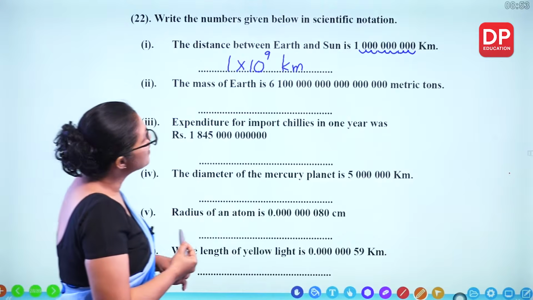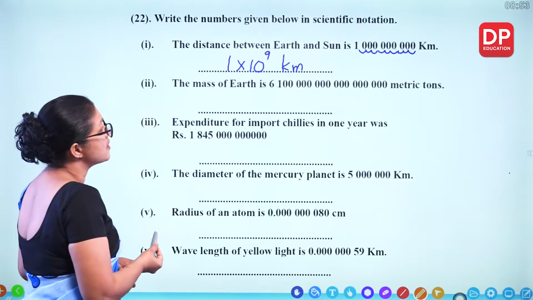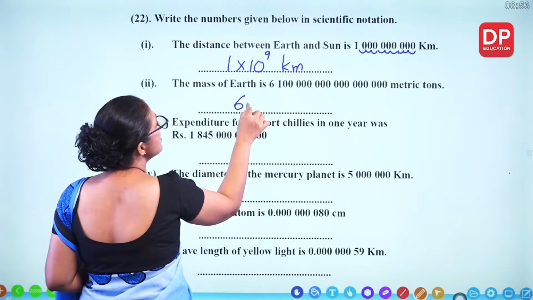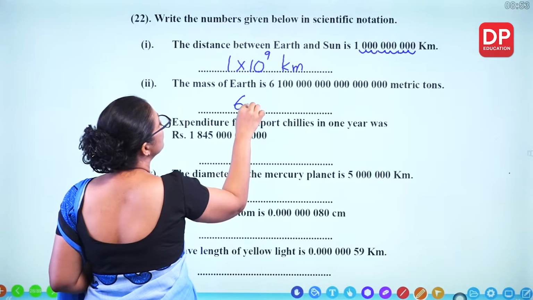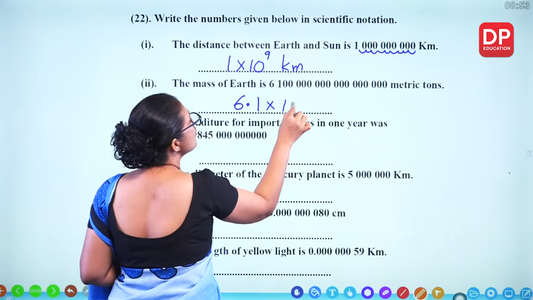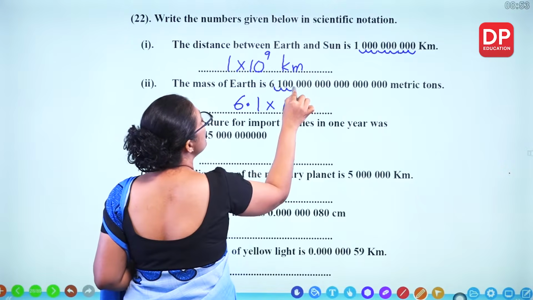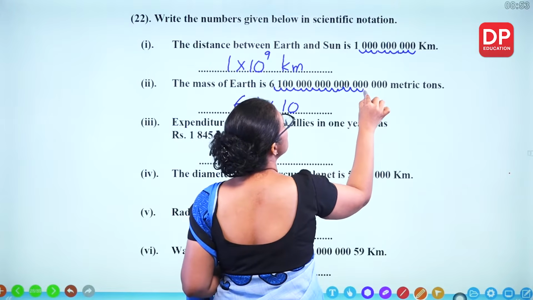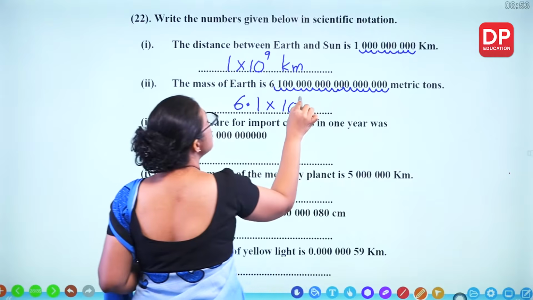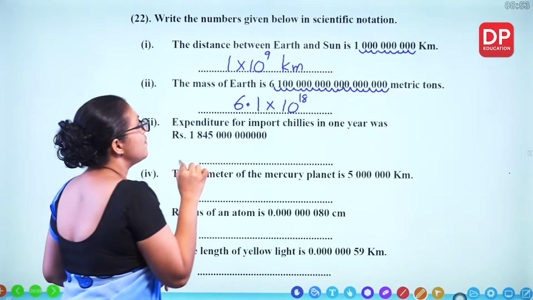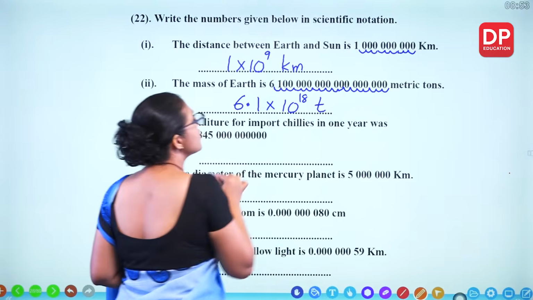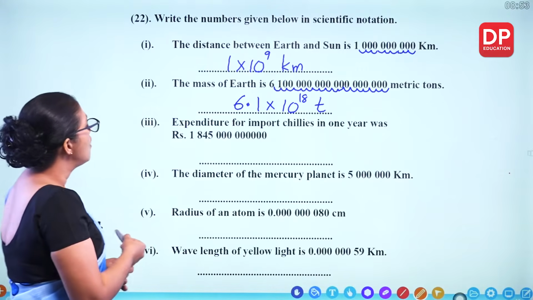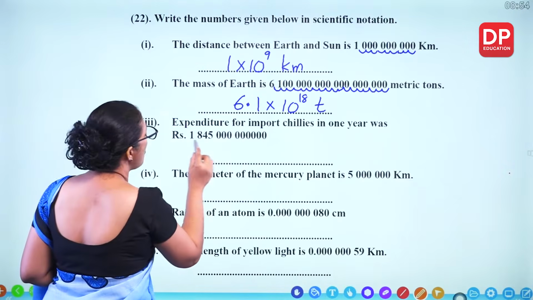The mass of Earth is a very big number, metric tons. So how can you write in scientific notation? 6.1 times 10 to the power 1, 2, 3, 4, 5, 6, 7, 8, 9, 10, 11, 12, 13, 14, 15, 16, 17, 18 places, and we can write metric tons. You can put T for the unit. Expenditure for import chilies in 1 year was this much. So how many zeros?